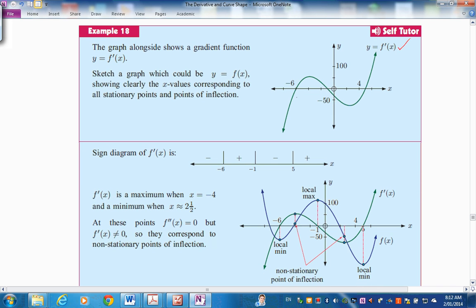The derivative here, oops, I won't draw the tangents there. I'll simply say here the derivative is negative, so it means negative slopes of tangents, so they're coming down. It has a maximum value there, and so they're positives up until there.